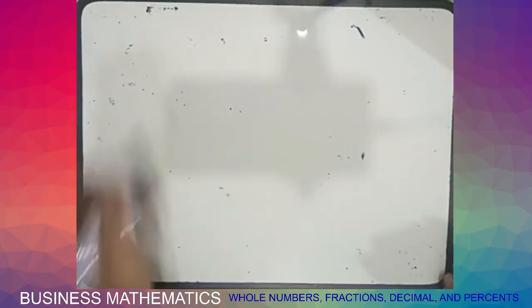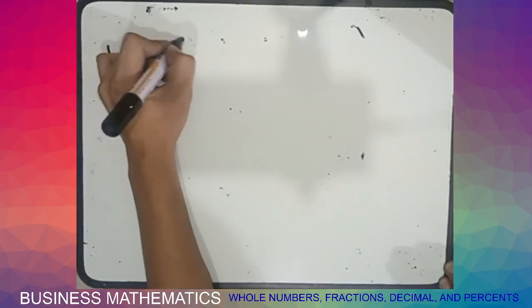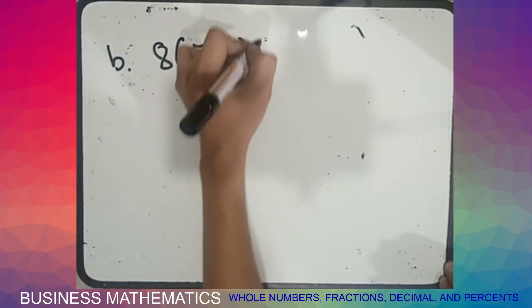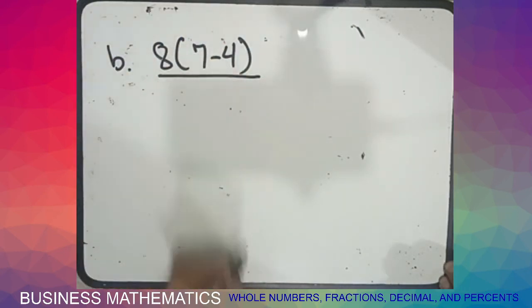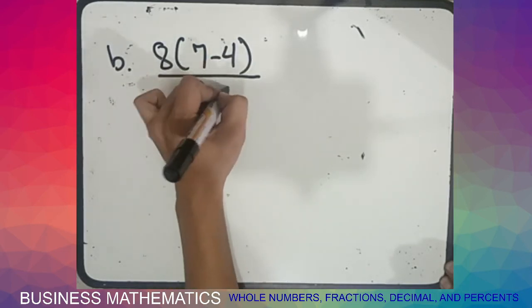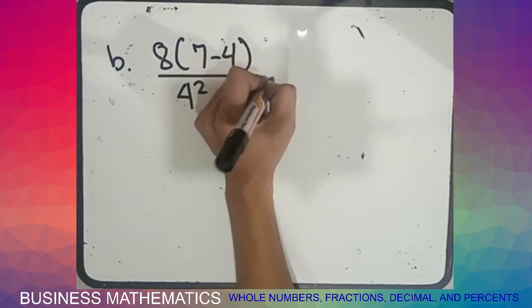Okay. Next. Ito medyo complicated ng konti. So, 8 times 7 minus 4 over 4 squared minus 2 squared. According sa PEMDAS, ang unahin daw natin is yung nasa parenthesis muna.